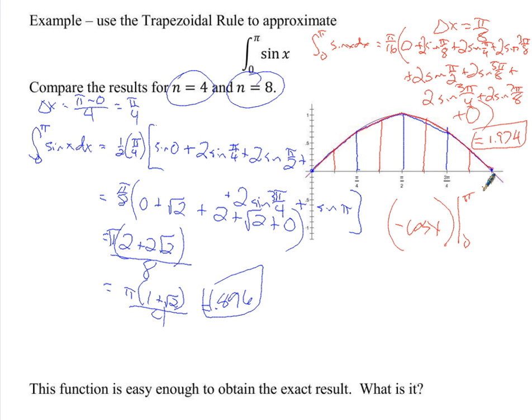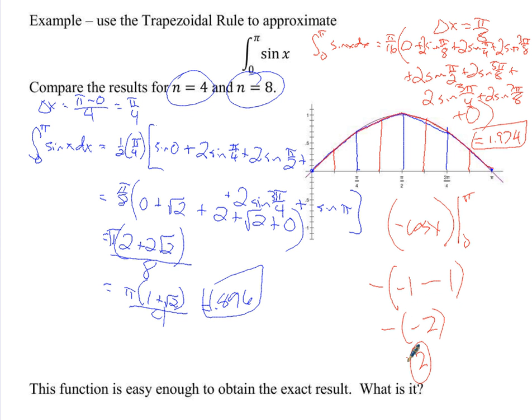What's cosine pi? So we have the negative out front, negative 1 minus, what's cosine 0? 1? Which is negative 2, which is 2.